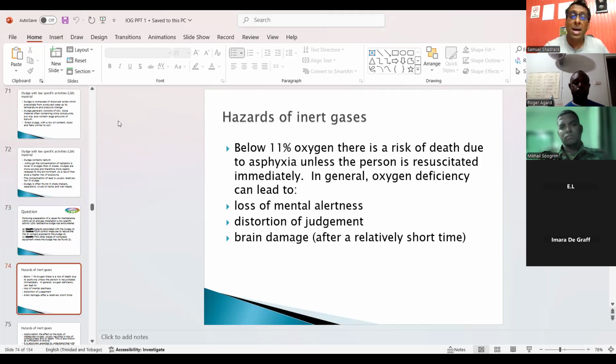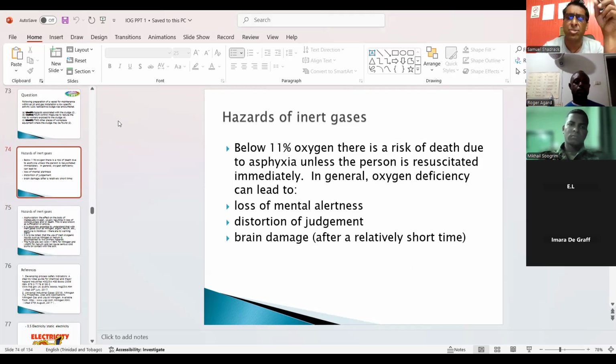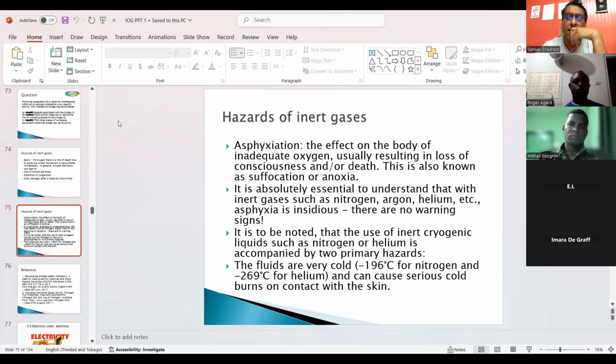All right, hazards of inert gases. Below 11% oxygen, there's a risk of death due to asphyxia unless the person is resuscitated immediately. In general, oxygen deficiency can lead to loss of mental alertness, distortion of judgment, and brain damage after a relatively short time. The inert gases reduce the oxygen level, right?